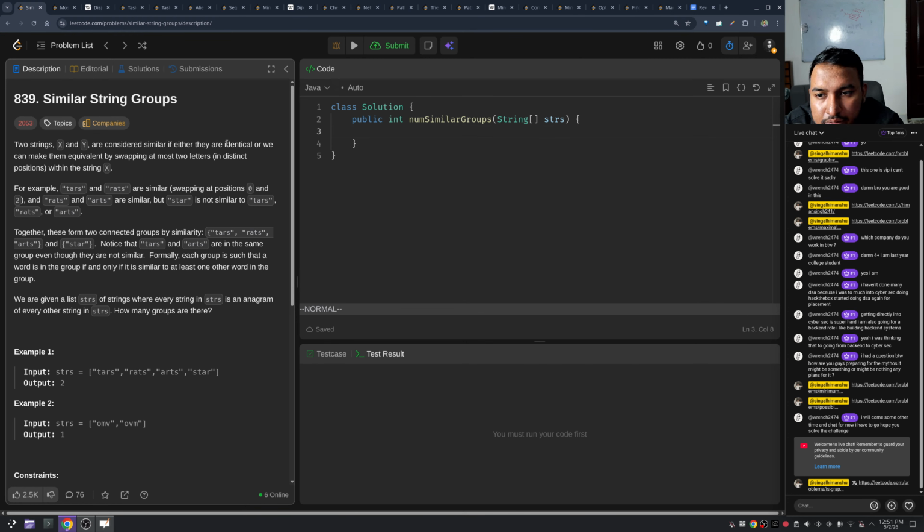I think this in itself is a question like, can you make two strings equal by swapping at most two letters? Oh, anagram can.